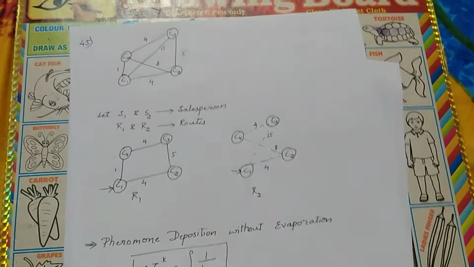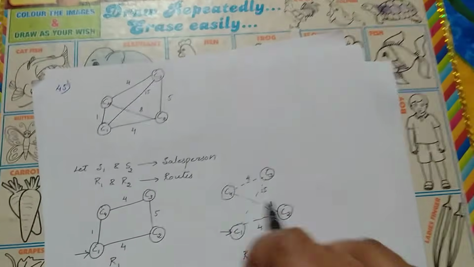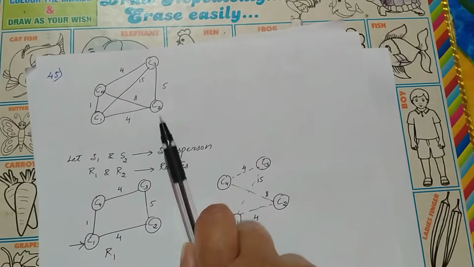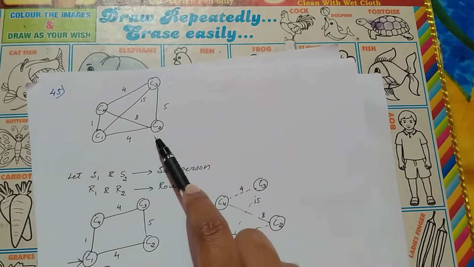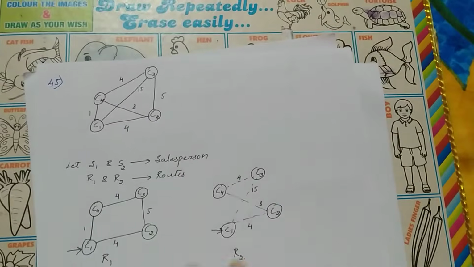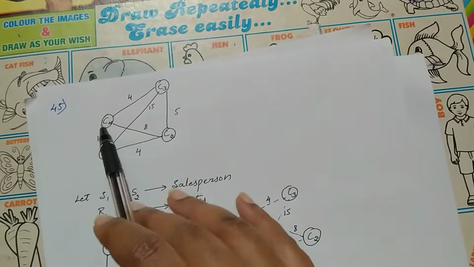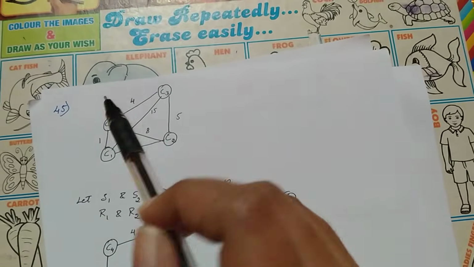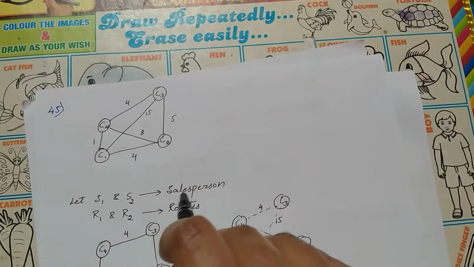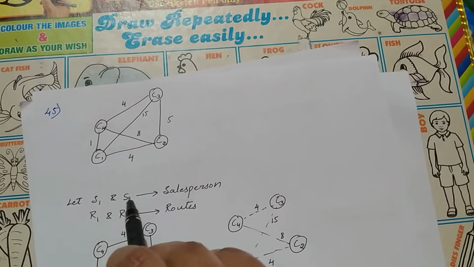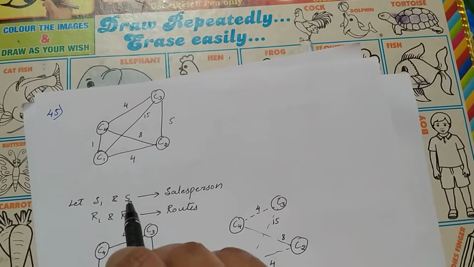So we'll start now with the solution. This is just a graph I have drawn from that cost matrix. Now since we are considering two salespersons S1 and S2, each of them will travel in a different path.